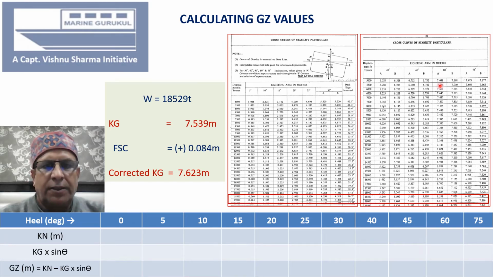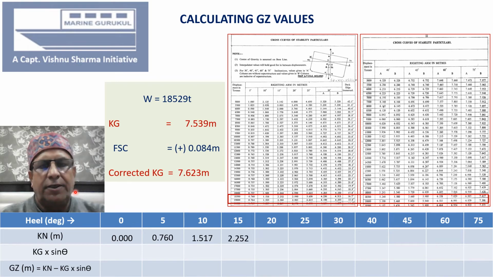Now, the displacement will fall here in this range, and against the displacement for different angles of heel, we interpolate, we obtain the value of Kn rounded off to 3 decimal places, and you can see these values are being now tabulated. So you can practice calculating them, and you can tabulate them like this here.